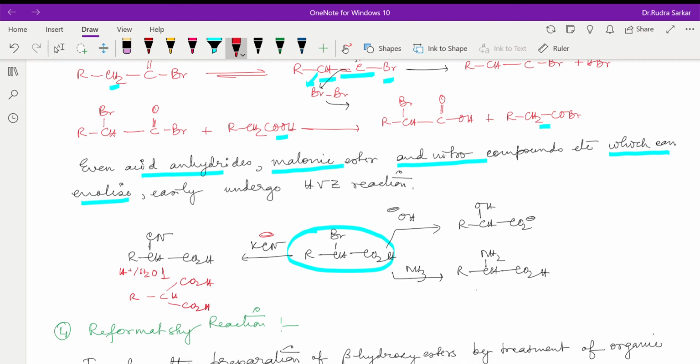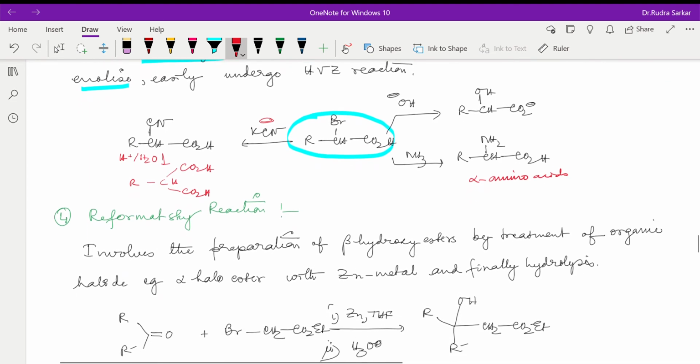Or you can make alpha amino acids. Or if you react these with base, then we can have alpha hydroxy carboxylates.